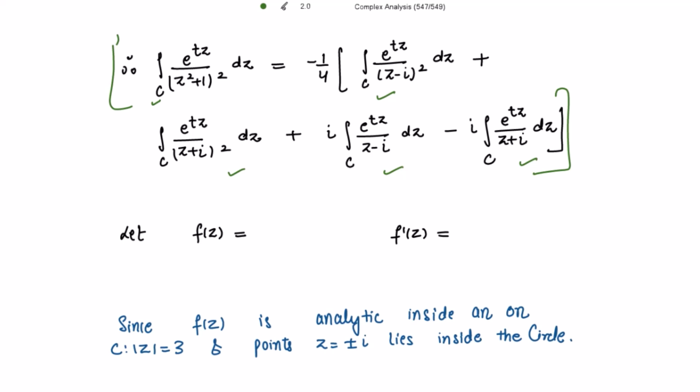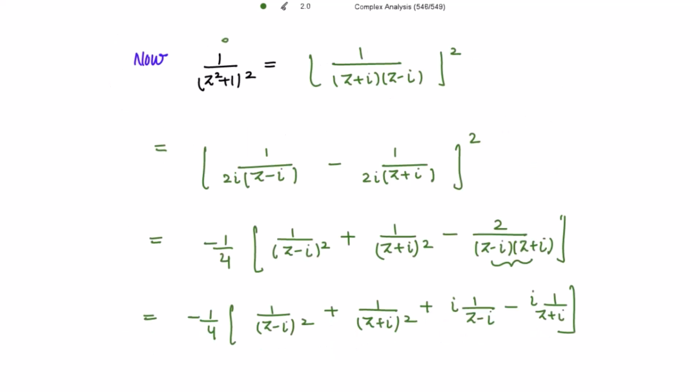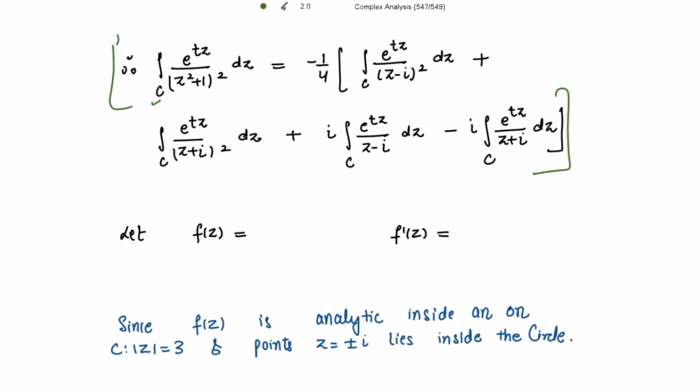Just multiply both the sides with e^(tz) and take the integration over the circle C. We have taken our f(z) to be the numerator, e^(tz). Because I am having the square in the powers, if I use the Cauchy's integral formula for the higher powers, for the first derivative, I need the first derivative of f(z) in the formula, right?